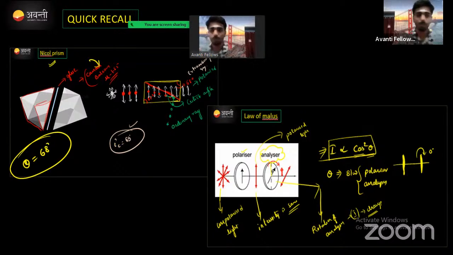Here one process happens: total internal reflection happens here, right?